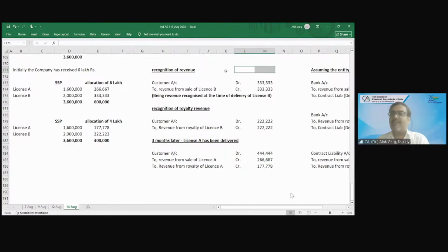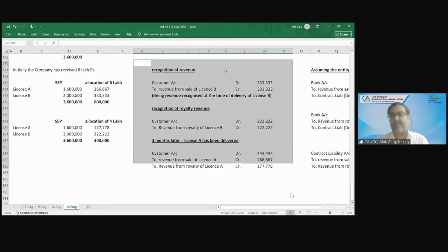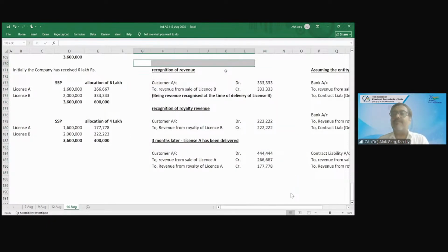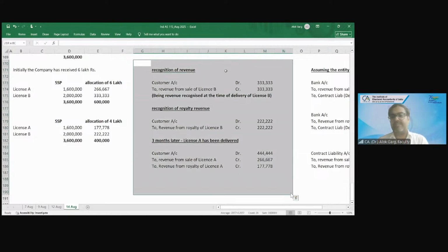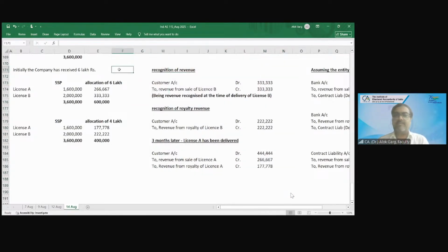And are you more able to connect with the teacher virtually? Yes, all the questions have been answered. Very good. So please circulate this feedback to ICAI also and to your friends as well, so that more and more participation will be there, and everybody will get the benefit of these classes. Thank you so much.